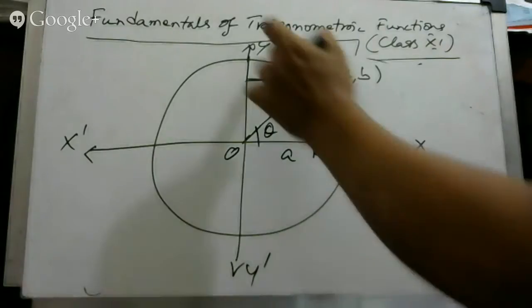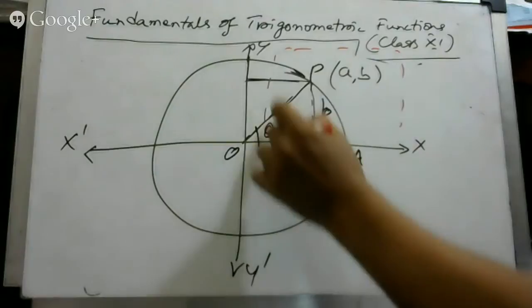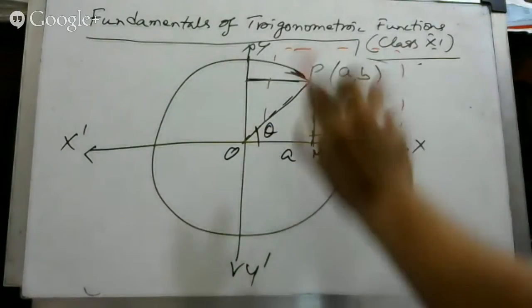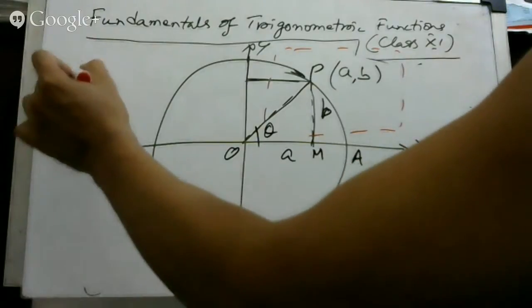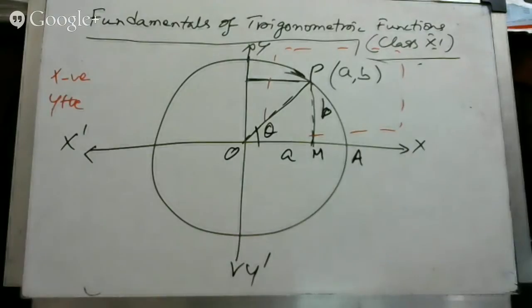Now in this area we have x positive, y positive, so everything is positive, whereas in this area we have x as negative, y as positive. Now first of all, let's cover this part.